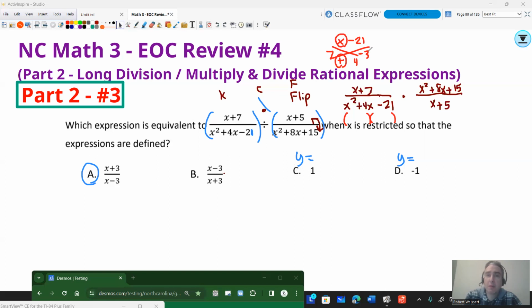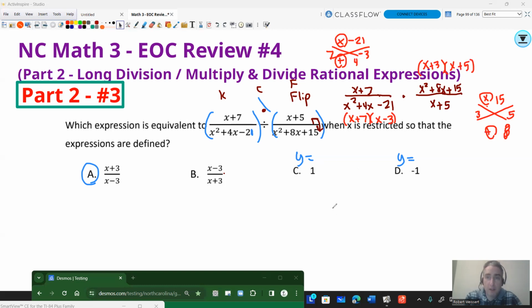So they multiply to negative 21 and add to positive 4: 7 and negative 3. So your factors are x + 7, x − 3. Over here on the numerator, what multiplies to 15 and adds to 8? I got a little ahead of myself there. It's going to be 3 and 5, so x + 3, x + 5.